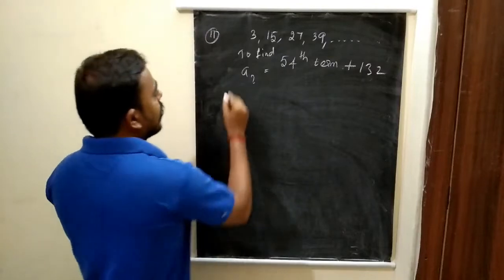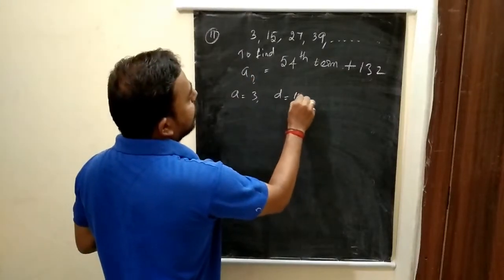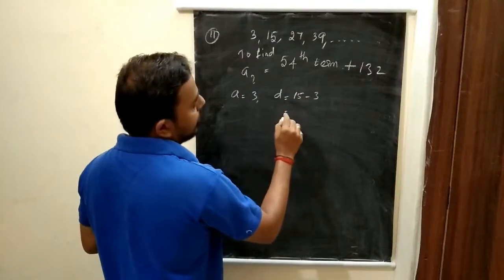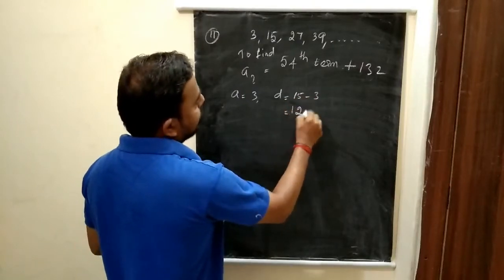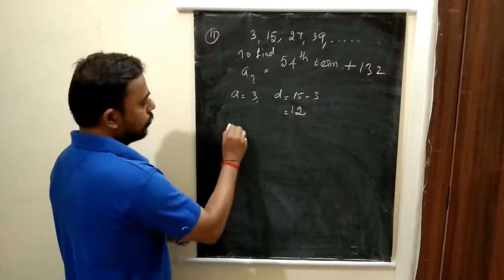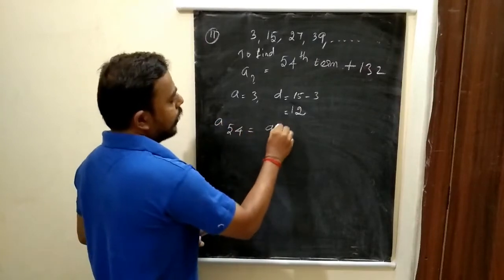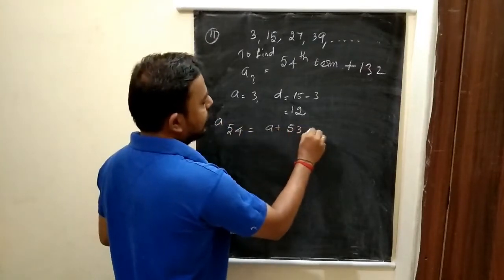Okay. Anyway, using this, you can write your A value 3 and the D value 15 minus 3, 12. Now we can write the 54th term. So a54 is a plus 53 into d.